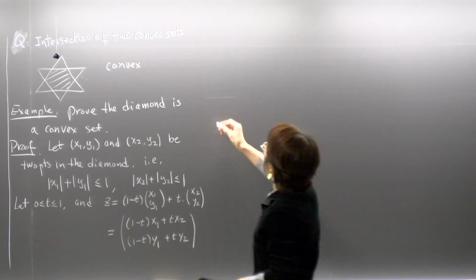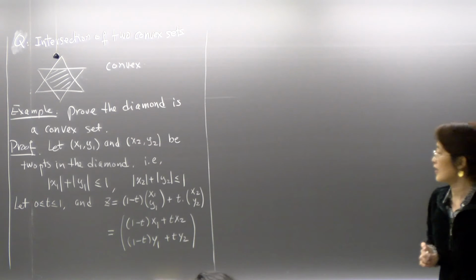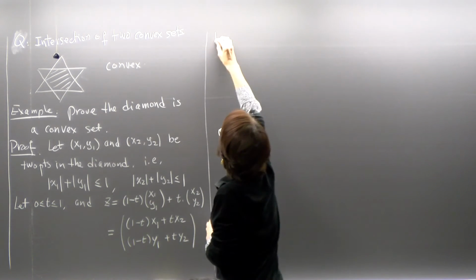And what do I need to show? I need to show that this point lies in the diamond.